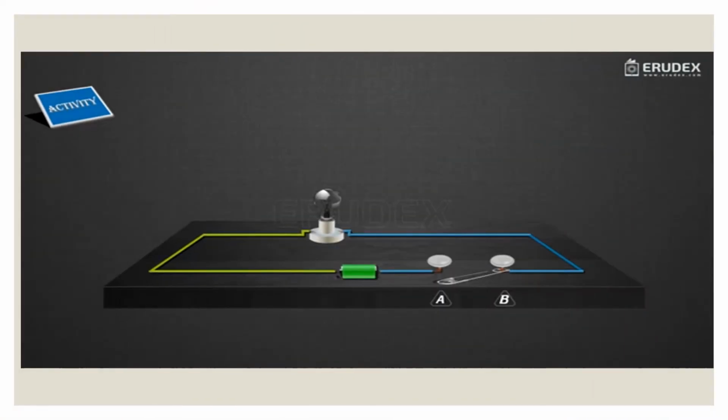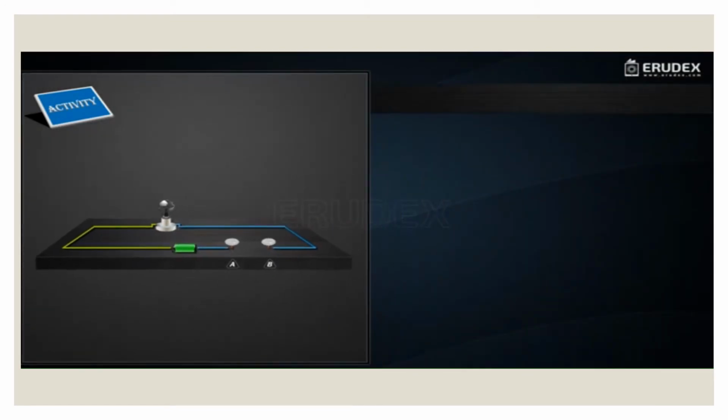Now children, this is an experiment. Let us see the experiment we did in switches by attaching a safety pin. We will take out the safety pin and attach the objects to check whether they are conductors or insulators. Here, we have taken the safety pin out.